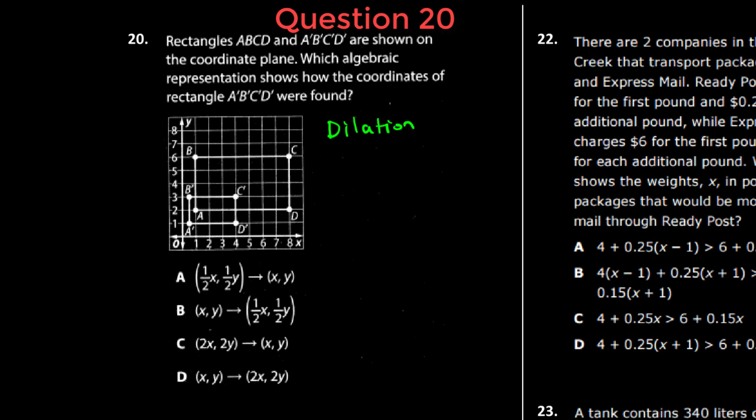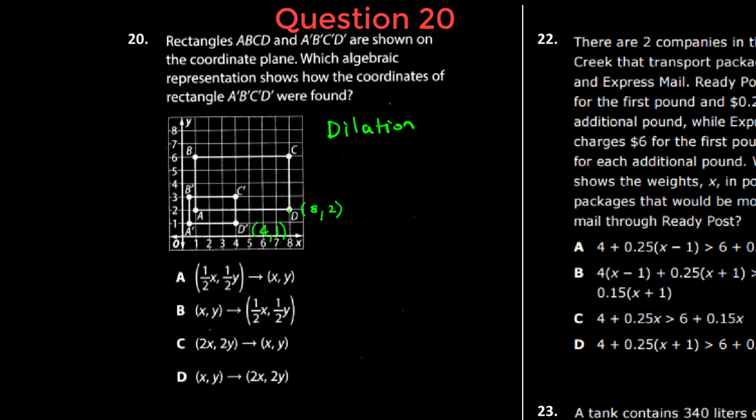I will pick 2 points on the grid, which can be the point D, where the coordinate is (8,2), and D prime, the image of this figure, which is (4,1).